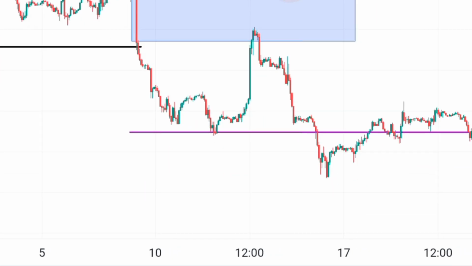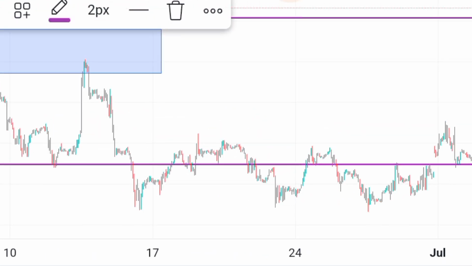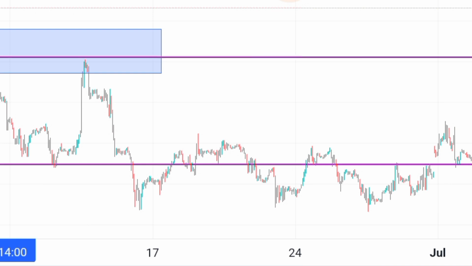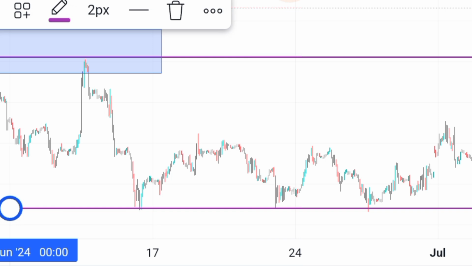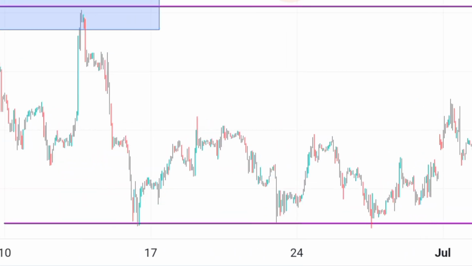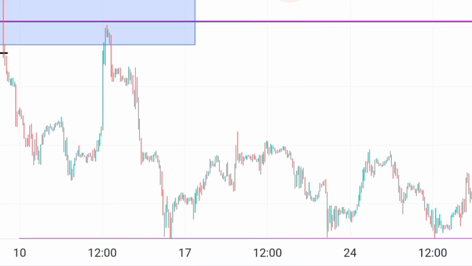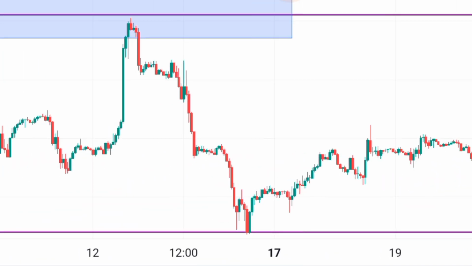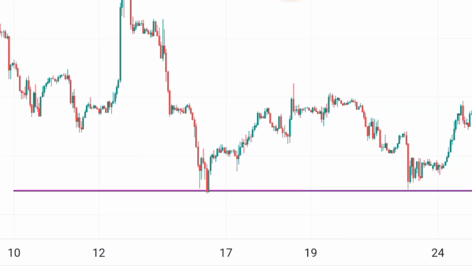Now after that break, we want to see another range. The new range that we are going to trade in is this one and this one. This is a new range. After that, you just come in, mark your fair value gaps and your order blocks, guys. When you zoom in a bit, you'll see that there are several order blocks that were tested in fair value gaps, guys.